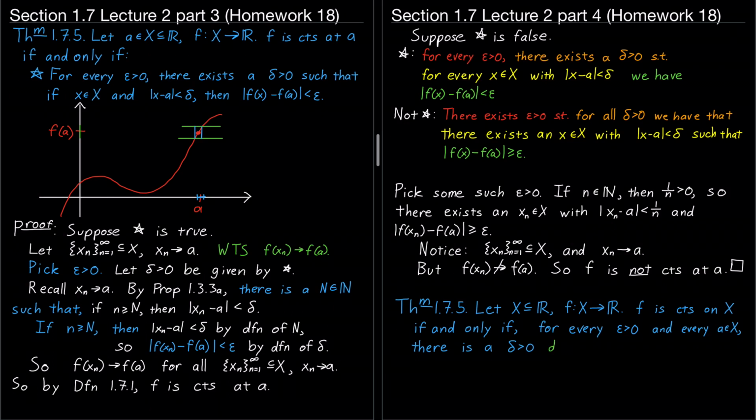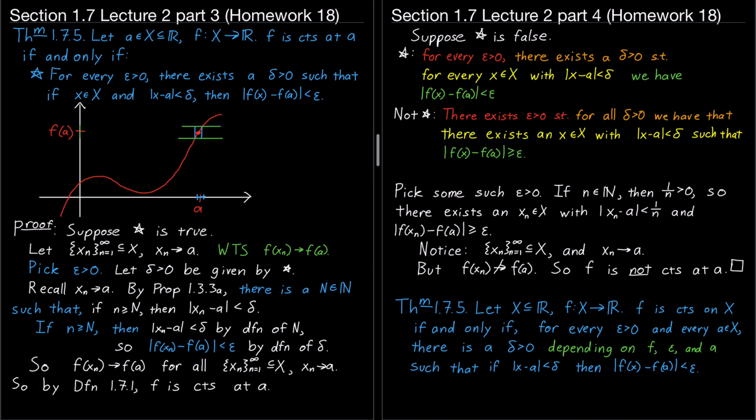Delta is allowed to depend on our function f, our number epsilon, and our point a, and then such that if absolute value of x minus a is less than delta, then the absolute value of f of x minus f of a is less than epsilon.